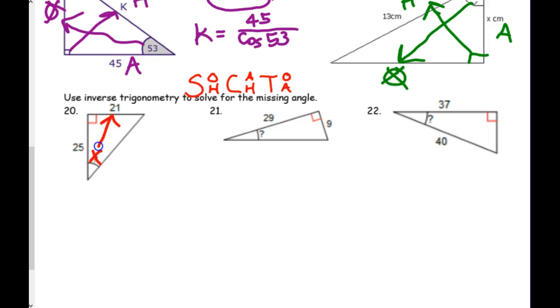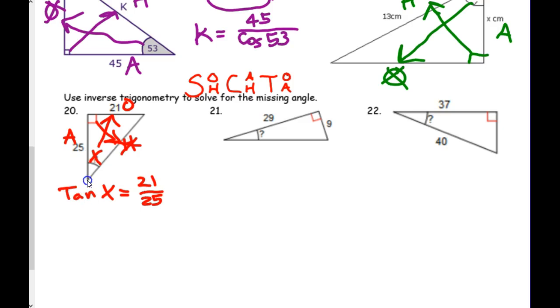Let's label O, H, and A. I am not needing this H. There's nothing labeled there. So O and A is going to be TOA, tan. And remember, after the trig is always the angle, even if we have a missing angle. And in this case, our angle is X. It's missing. Equals O over A, so 21 over 25.